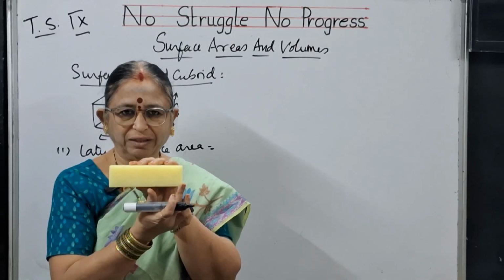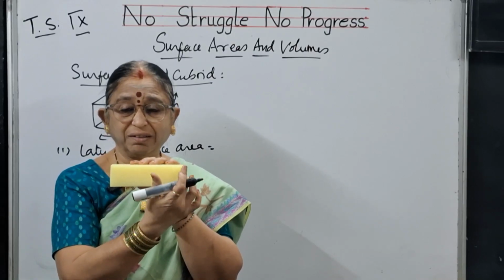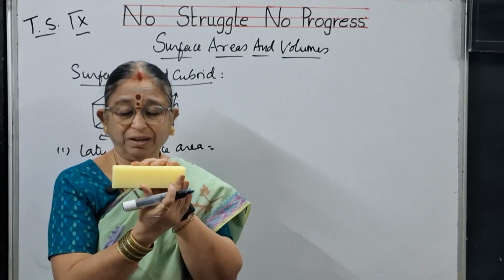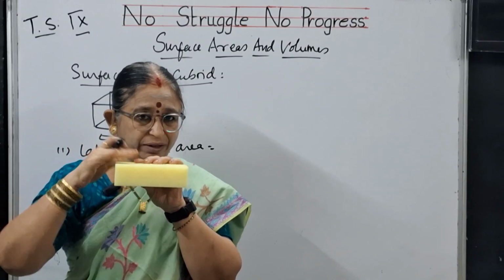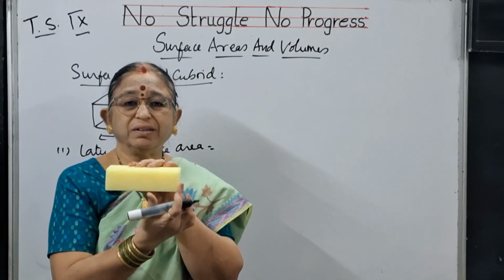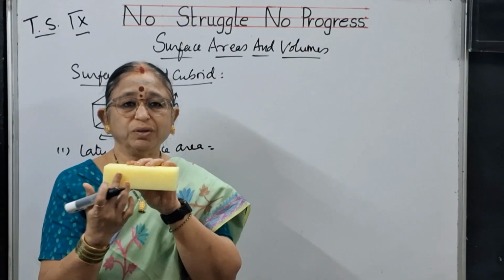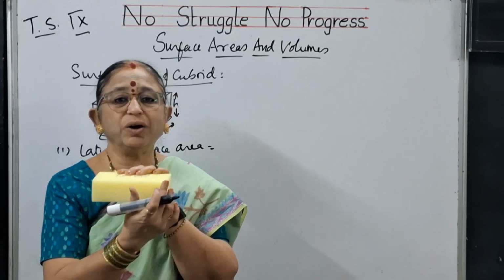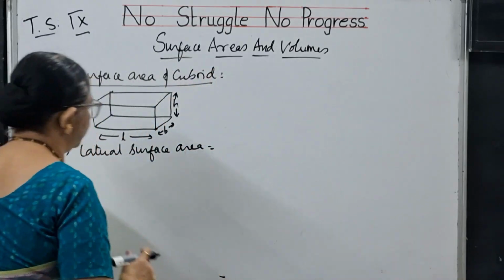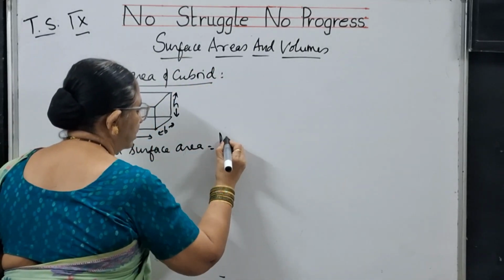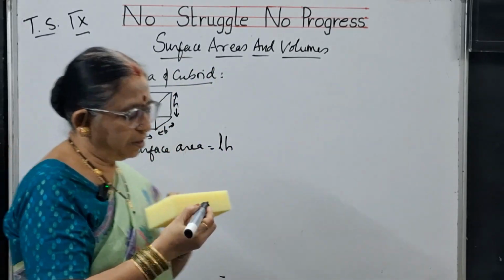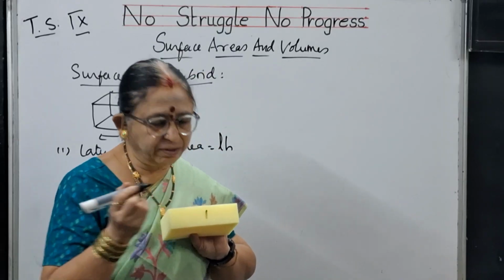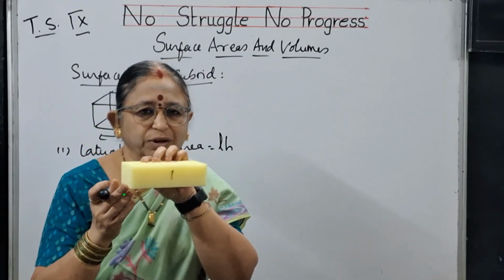But actually for this figure, this is height. So this area you are going to get as length into height. So that is what we will be writing first. Length into height. So this is the first side, and we have completed it.